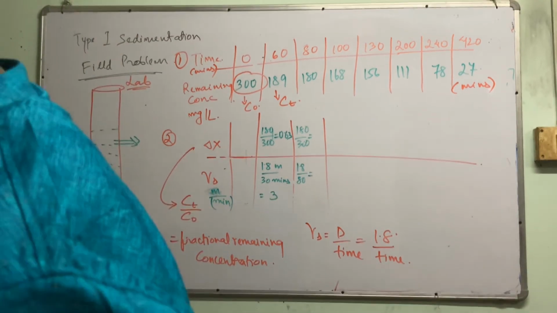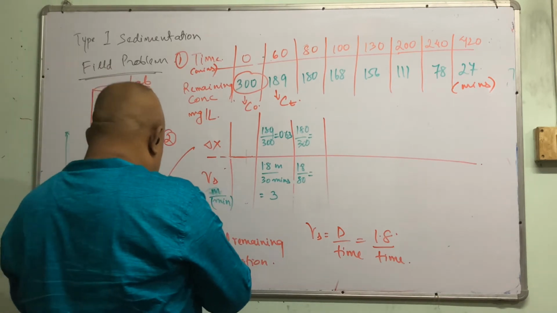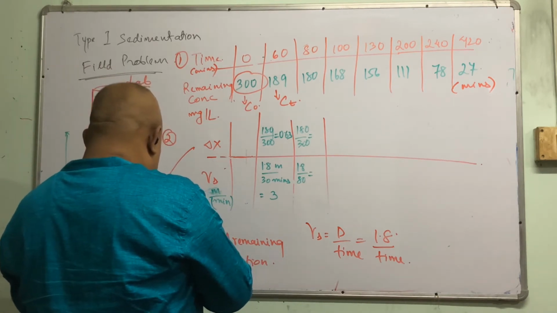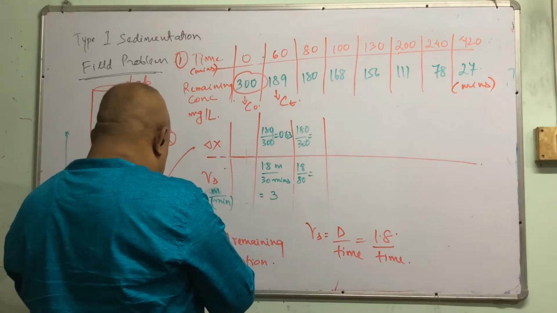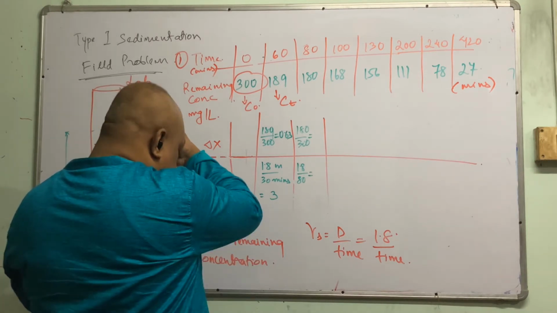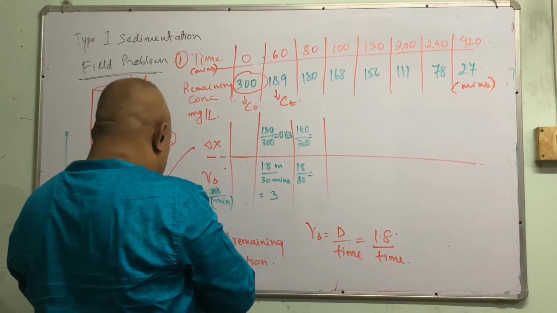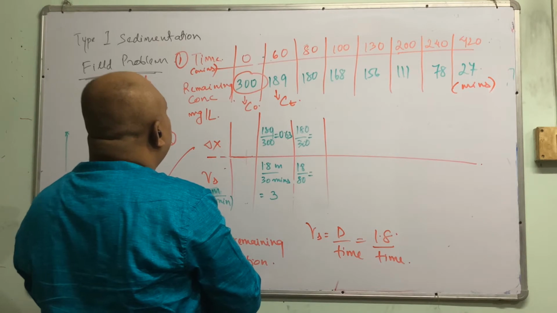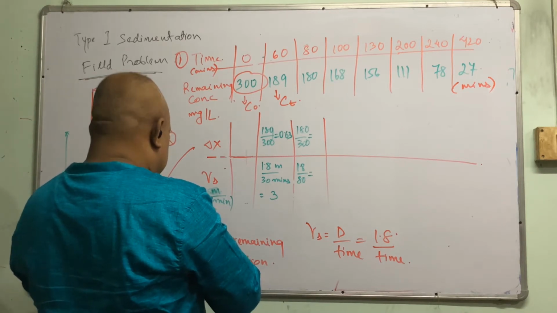Let me see the calculator. It sometimes takes time to find a calculator. Where's my app? So this is 1.8 divided by 60.